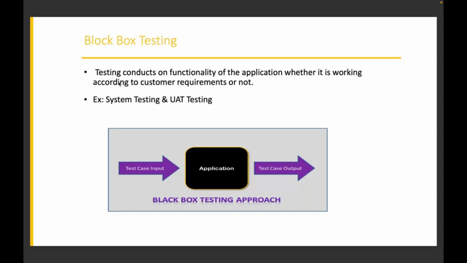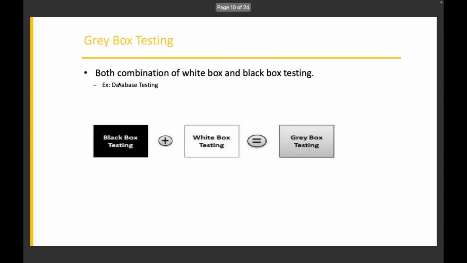Last is gray box testing, correct? In gray box you will have the knowledge of the scripting part as well, and the knowledge of the UI part as well. Why? Because in gray box you need to write SQL scripts, which comes under white box, including where clause, having clause, and joins, inner joins, outer joins, right?